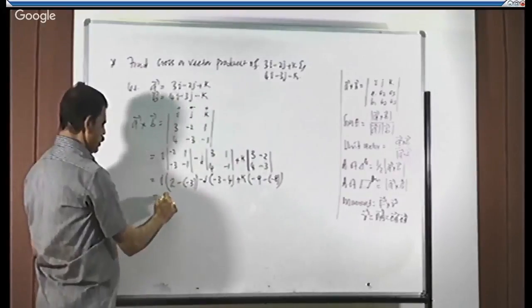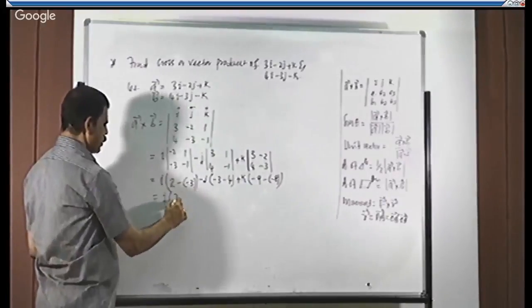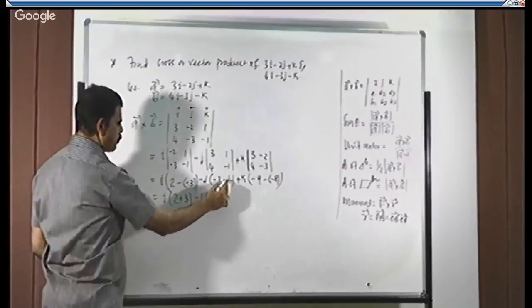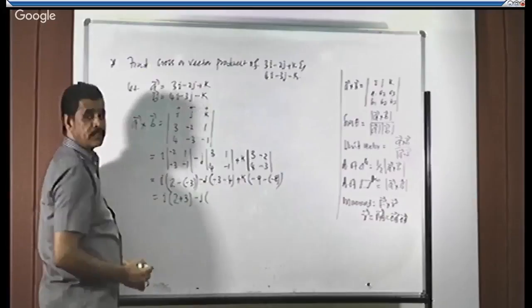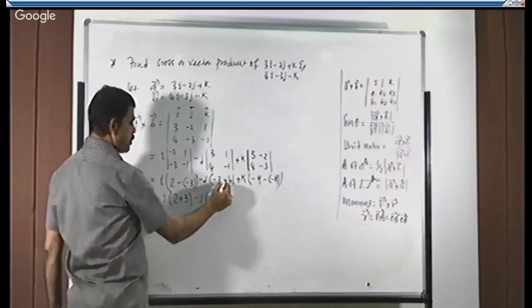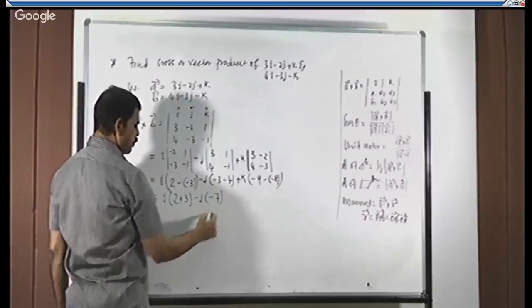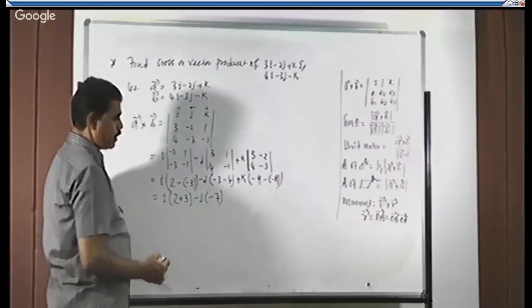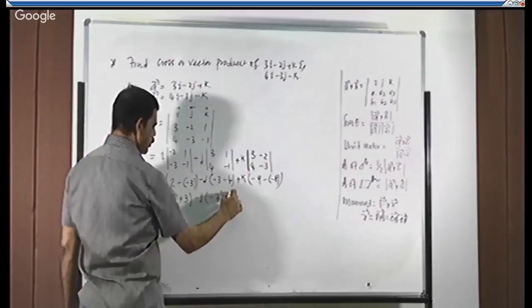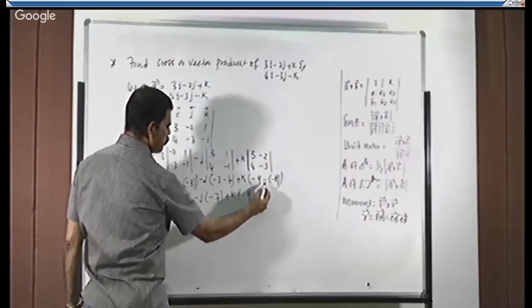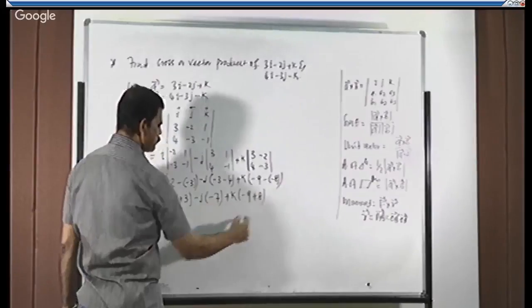Then i into 2 minus of minus, plus 3. Minus j into minus 3 minus 4. When we have the same sign, we should add. Minus 3 minus 4 is minus 7. We take the common sign and add the numbers. Plus k into minus 9. Remove this bracket. Minus into minus is plus 8.